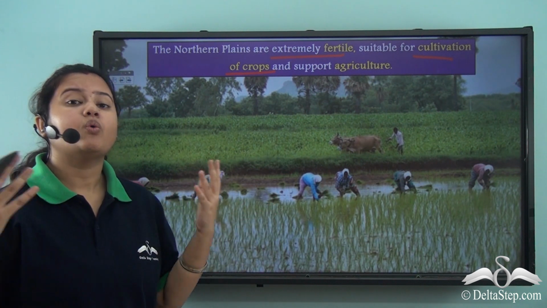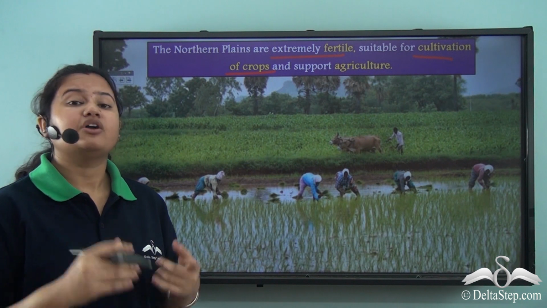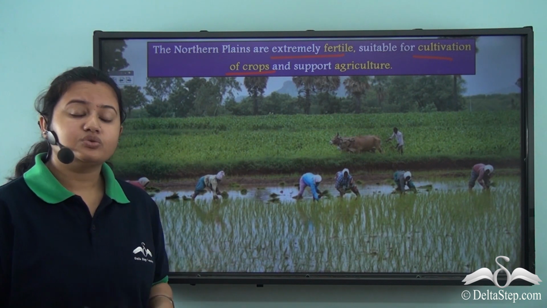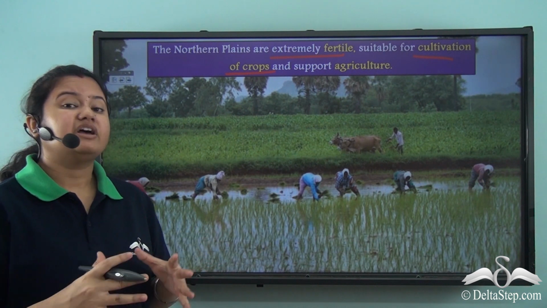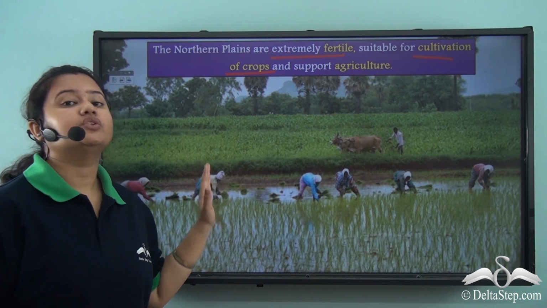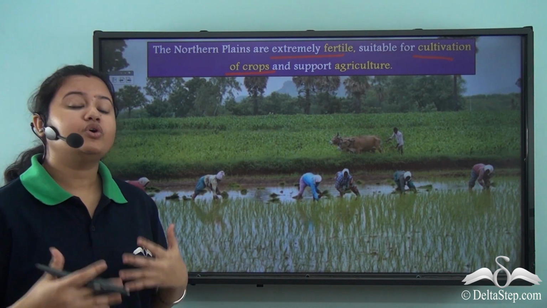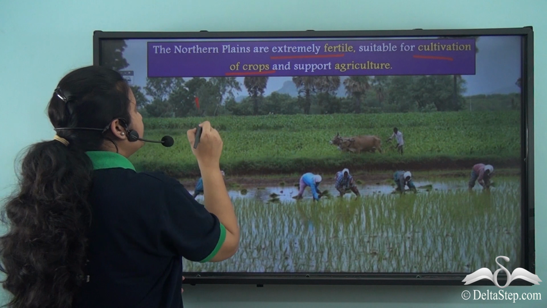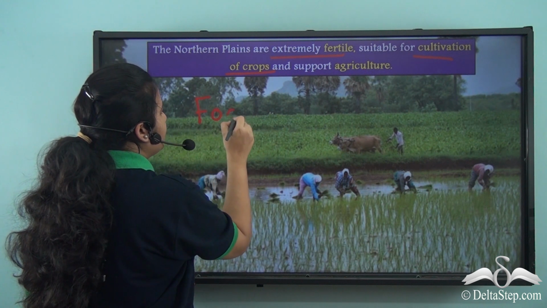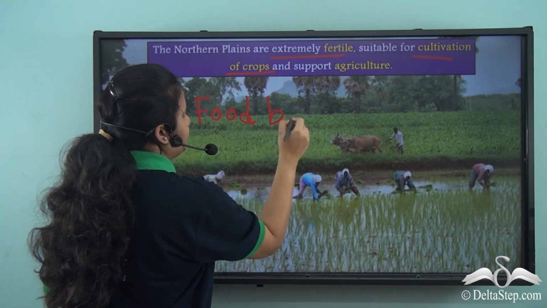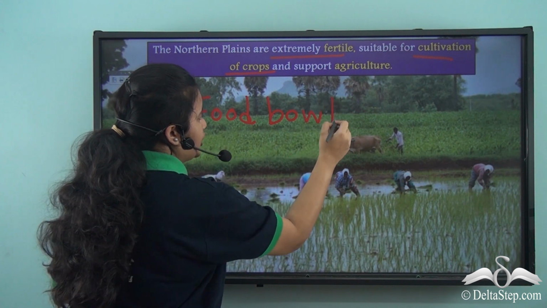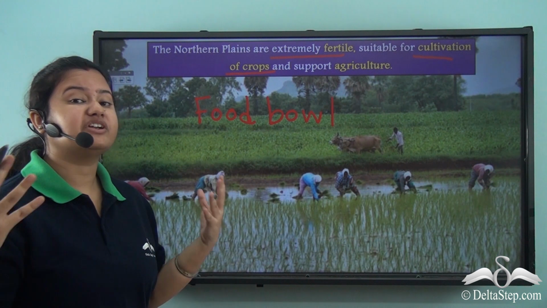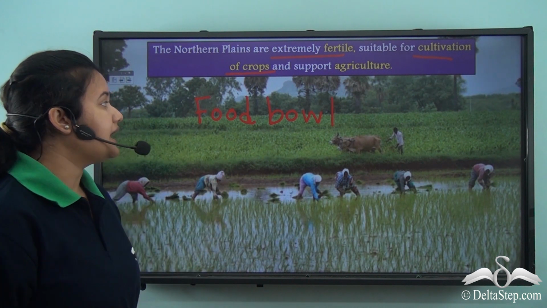In other words, whatever you eat, say rice, chapati, bread, idli, dosa, etc., have their origin in the northern plains. So therefore, northern plains is also sometimes referred to as the food bowl of India, because this region supports cultivation of many varieties of crops.